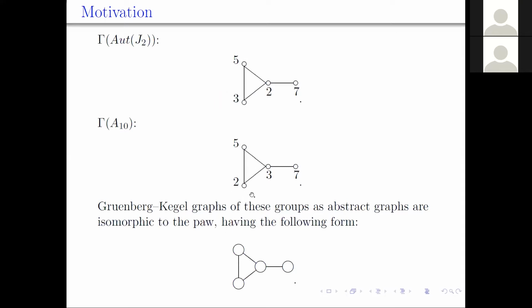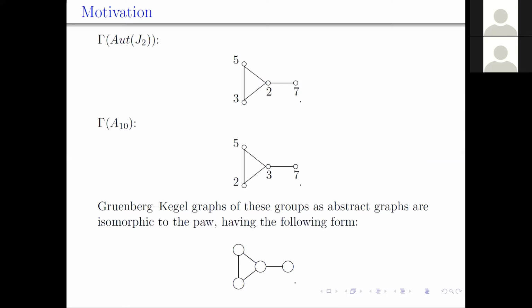And in the Gruenberg-Kegel graph of A10, vertex 3 has degree 3 and vertex 2 has degree 2. Thus, the Gruenberg-Kegel graphs of these groups as abstract graphs are isomorphic to the paw, having the following form.